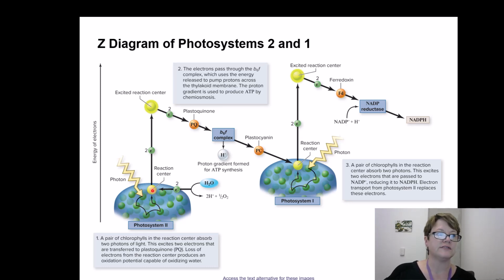And when water is split, the electrons are what the reaction center wants, but the oxygen is released as a byproduct or a waste. And you may remember that oxygen is a product of our overall reaction summary of photosynthesis. So water is needed for photosynthesis as a source of electrons that can be charged by the energy from the sunlight, from the photon, and oxygen is a product of the breaking apart of the water molecule.